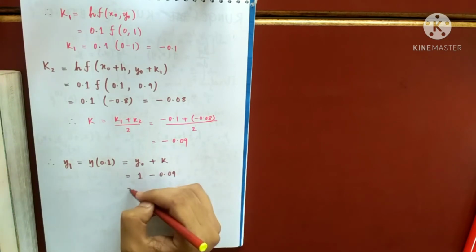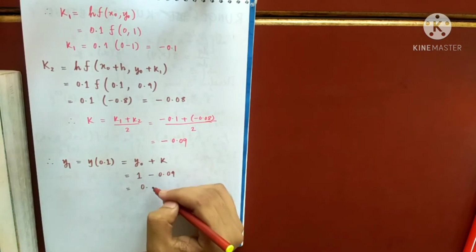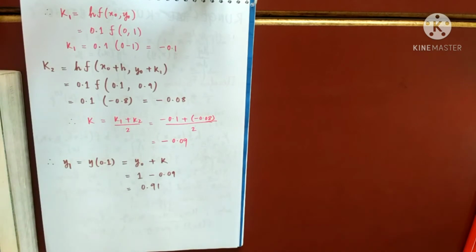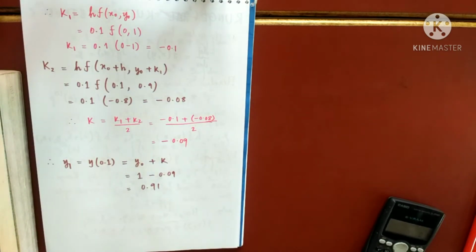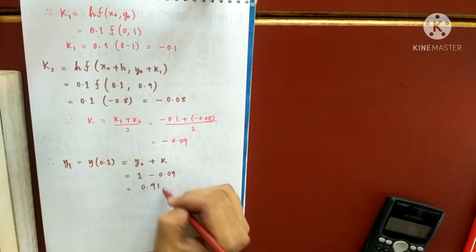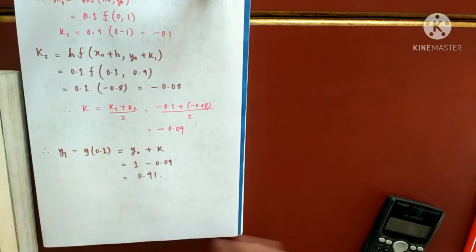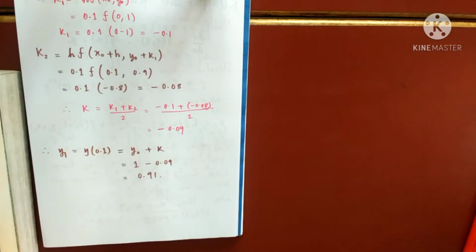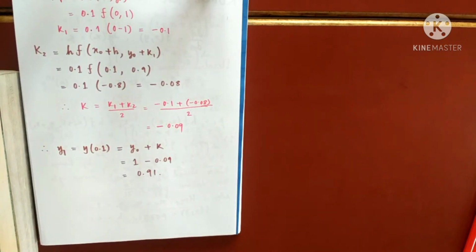So what are we getting? 0.91. So this is the value of y at 0.1. This is just the first iteration. Am I clear?